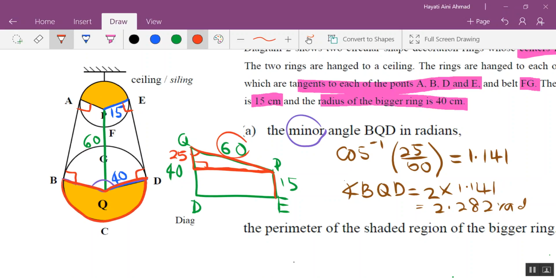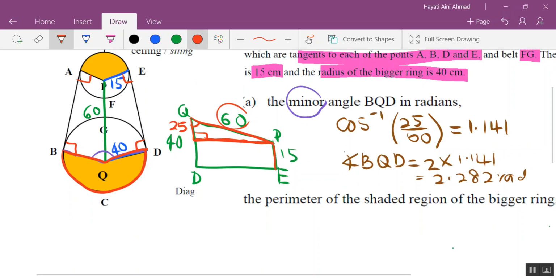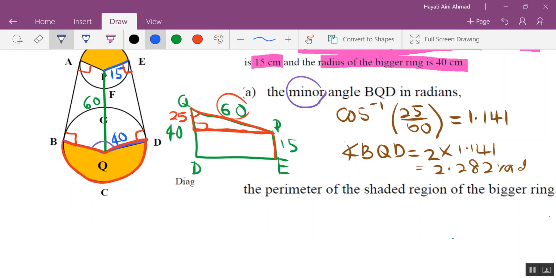Since we already know the angle of minor BQD in radian is 2.282, we can calculate the major angle BQD, which is 2 times 3.142, because it is a circle, minus the minor angle 2.282.